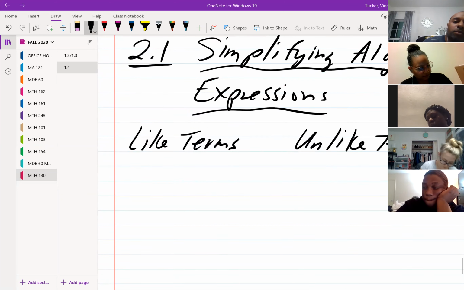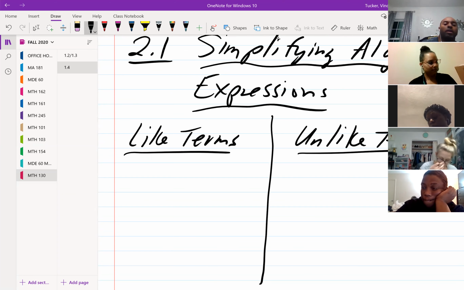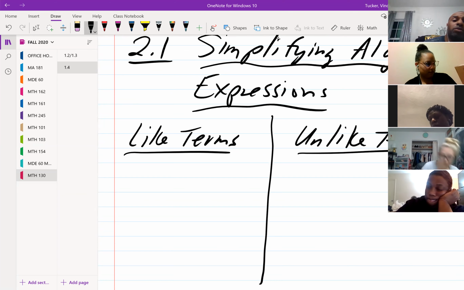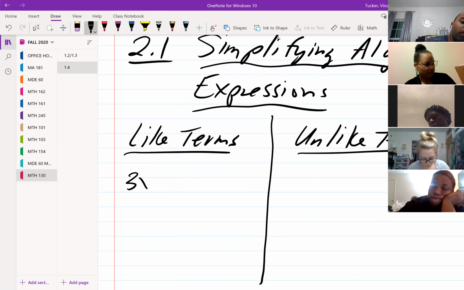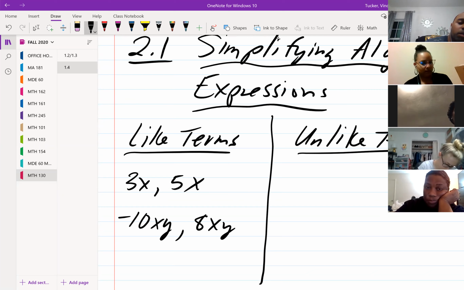So your like terms are gonna be terms that you can add and subtract from each other with no problems. They have to have the same variables, same amount of variables, same exponent on your variables in order for you to be able to do so. So 3x and 5x would be like terms. Negative 10xy, 8xy.